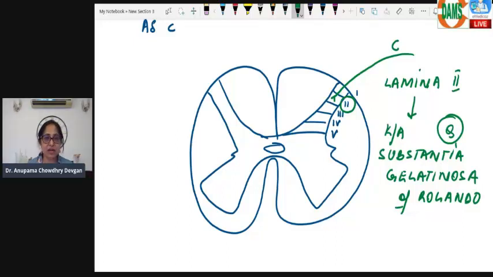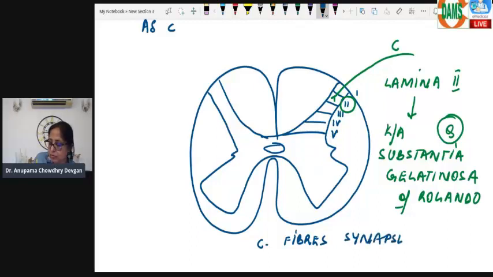And what is the significance of lamina 2? The C fibers specifically synapse in lamina 2, right? Lamina 2 is also known as the substantia gelatinosa of Rolando.